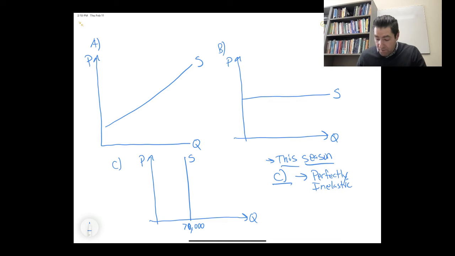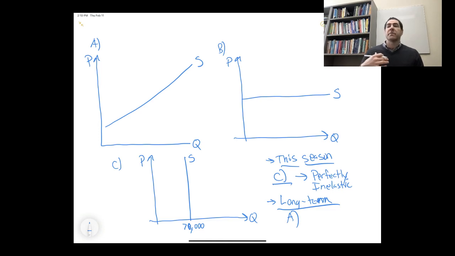Now, if I was thinking long term, right, over time, comparing the supply of Green Bay Packers tickets in 1968 to the supply today, we're back to our regular old supply curve A, right?